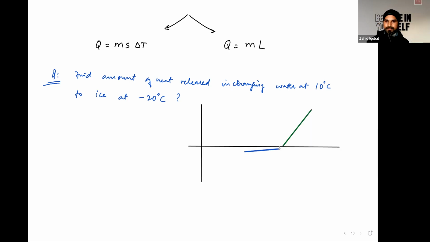Further, at this point, to change its state, the heat released will be equal to latent heat. And next, to further cool it down to minus 20 degrees Celsius, it will be specific heat. Samaira, is it clear?